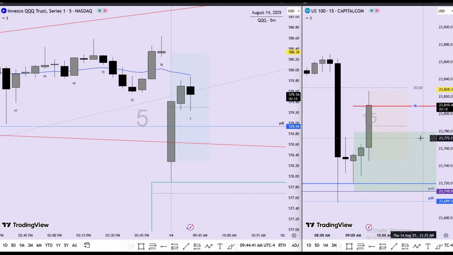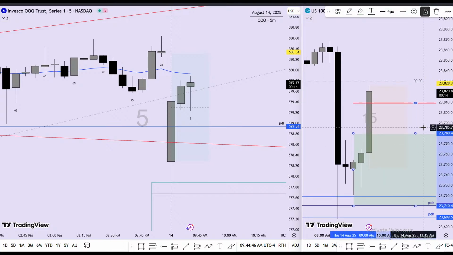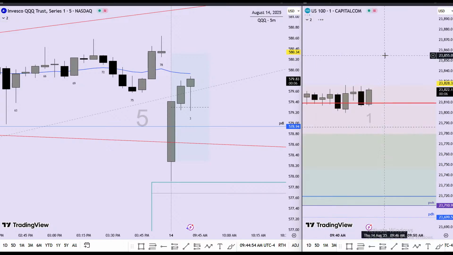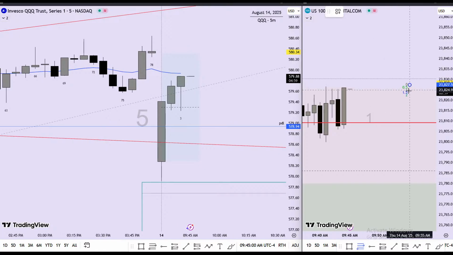This is holding very good. This green box is holding good. I think we will get a closing above. Now this is the right long.